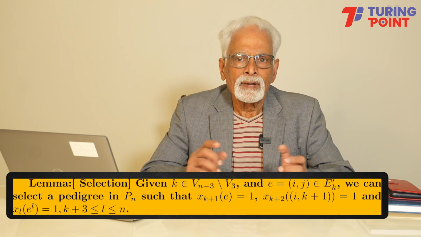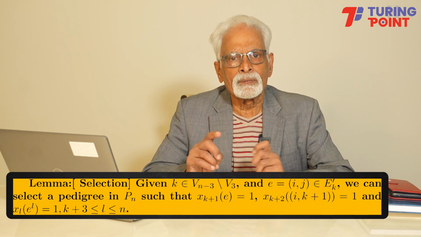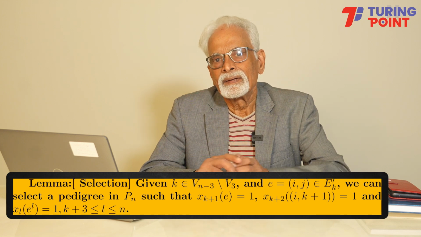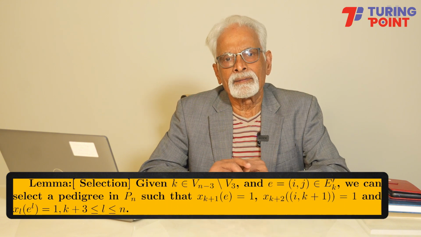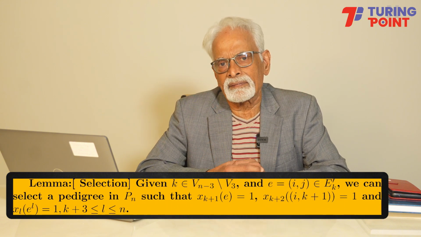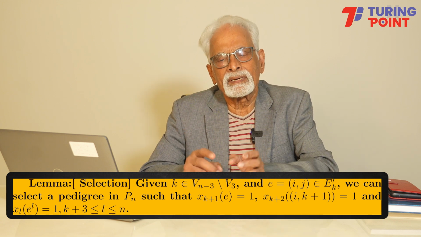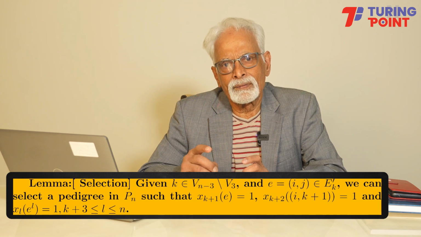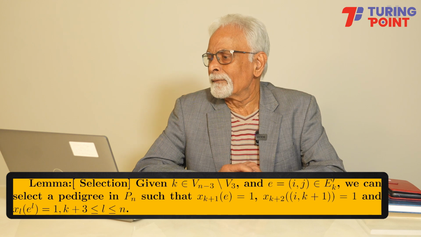For instance, if you have k, then it may be k minus 2 comma k minus 1. That's the last possible edge. So excepting that, the rest of the edges in the set E suffix k is actually 1,2; 1,3; etc. up to k minus 3 comma k minus 2. That's how it will be.